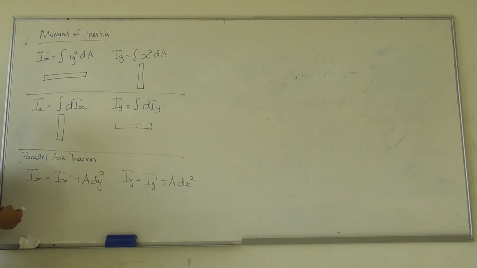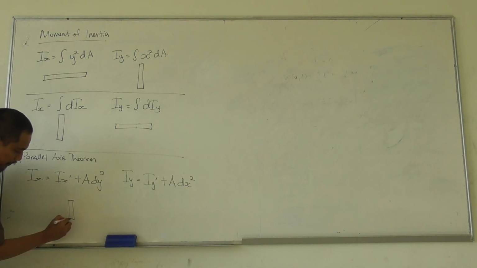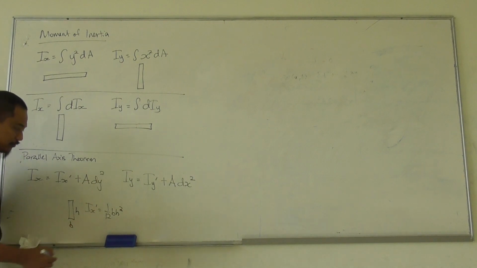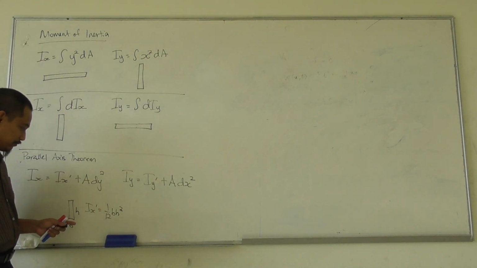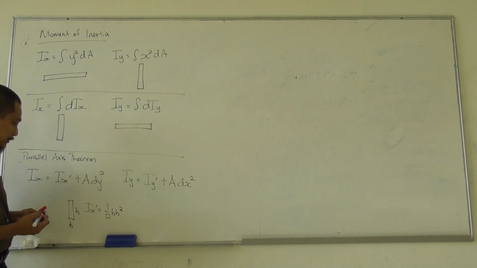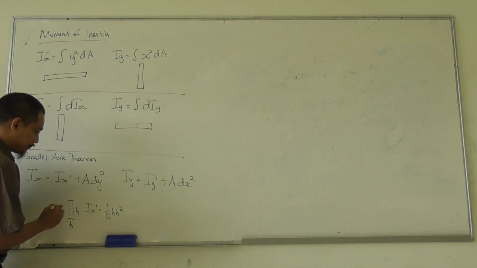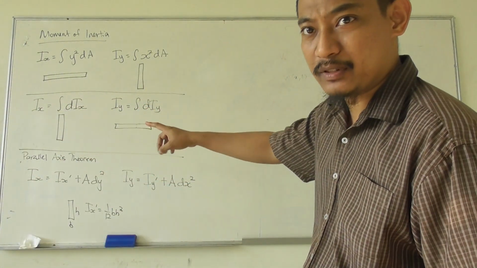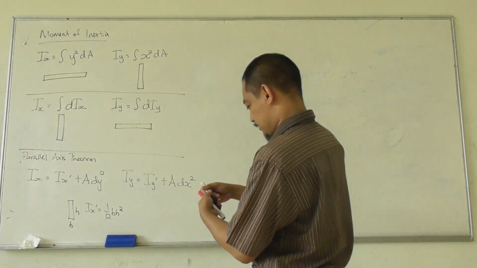And Ix prime, if it's a rectangle b and h, will be 1 over 12 b h cubed. This is the most basic one. For other shapes, you have to refer to the table, right? These are to recap the equations that we have.